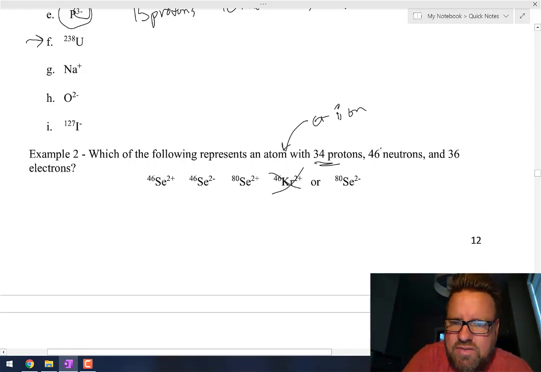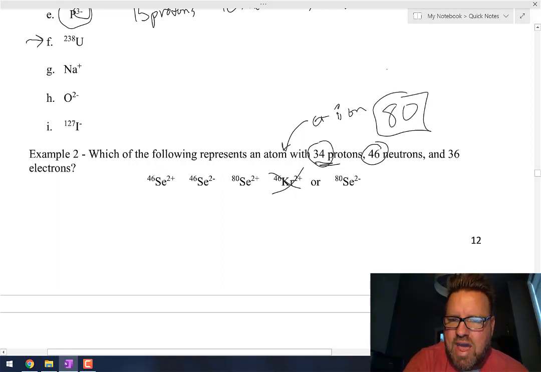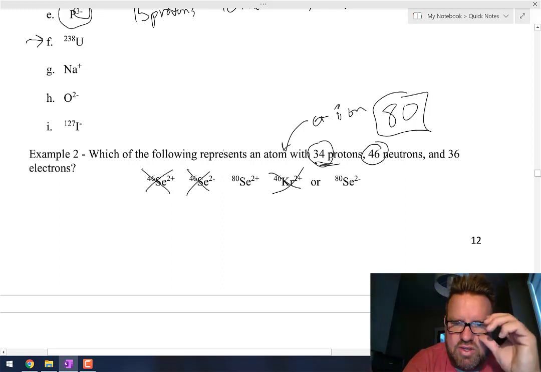Okay, then it has 46 neutrons, which means it has to have a mass. The protons plus the neutrons put together, 34 plus 46 is 80. So that means the mass has to be 80, which means this one is out because that has a mass of 46, and this one is also out.